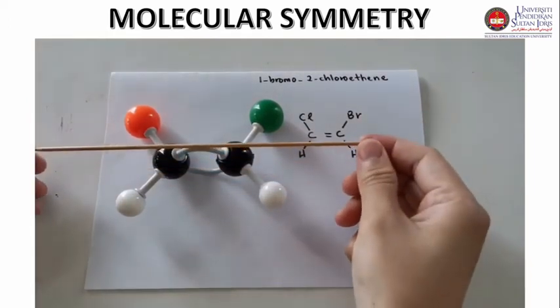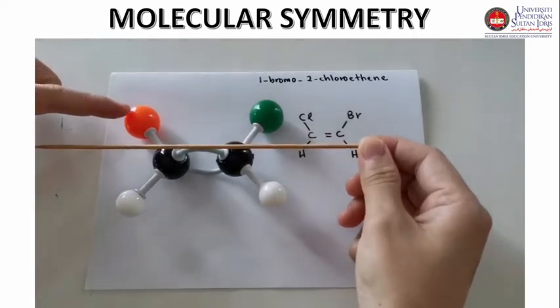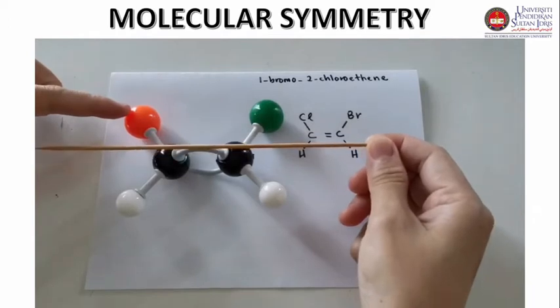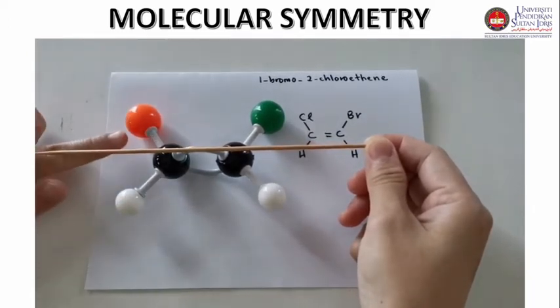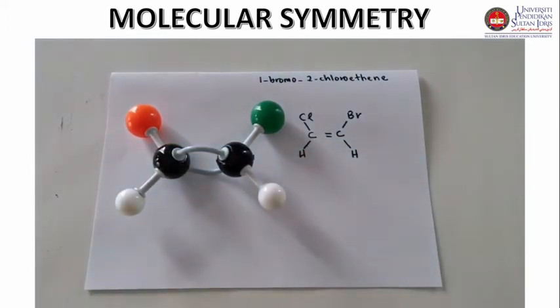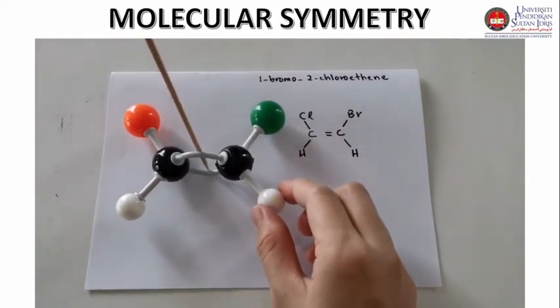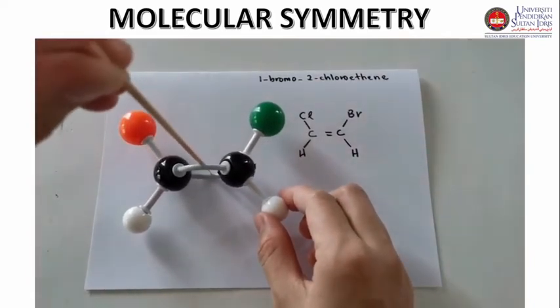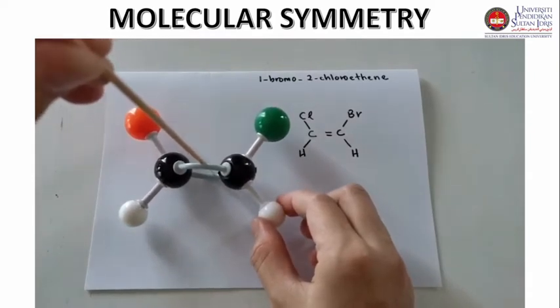If we check the C2 axis along this other axis, you can clearly observe that the chlorine atom replaces the hydrogen atom and the hydrogen atom replaces the chlorine atom, so we cannot get an equivalent configuration for this molecule. So this axis does not exist in the molecule. If we check the perpendicular axis and rotate by 180 degrees, the orange ball comes to the place of the white ball.